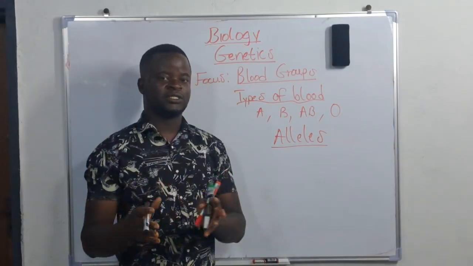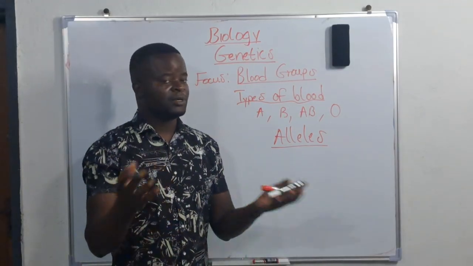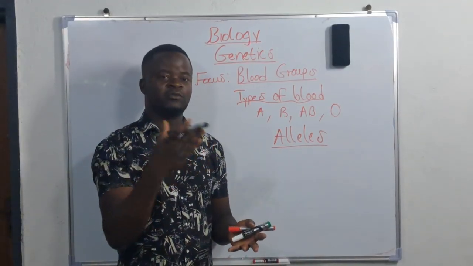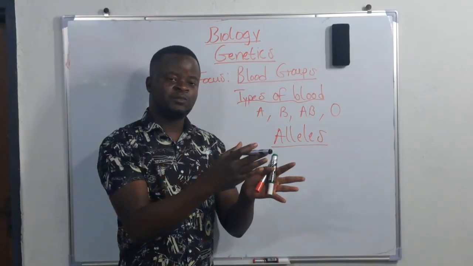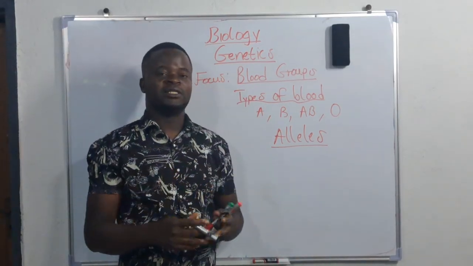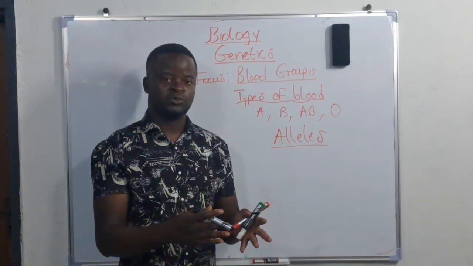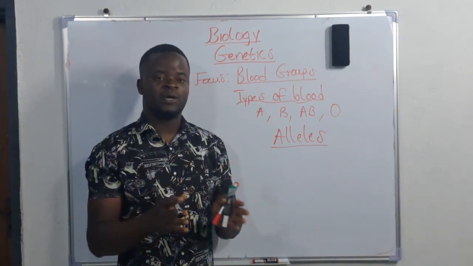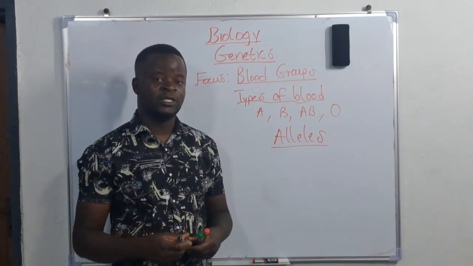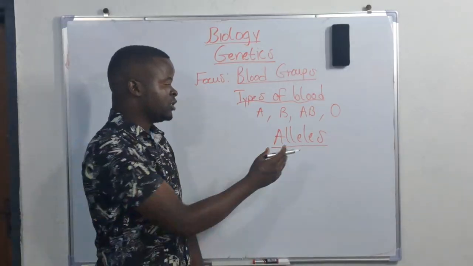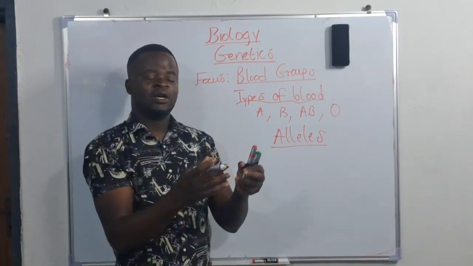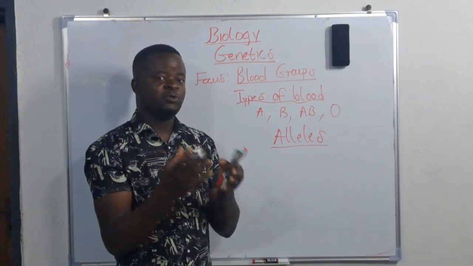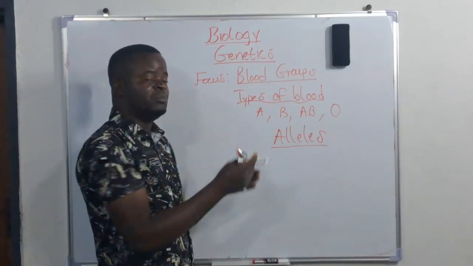Some other people say a gene is part of a DNA molecule which specifies the type of protein to be produced. So today we just want to understand the pair of alleles which are in charge of these blood groups.